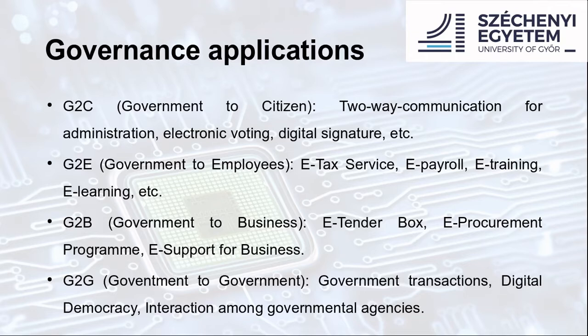G2B is used for e-tender box, e-procurement program, e-support for business, and so on. And finally, G2G is used for government transactions, digital democracy, interaction among governmental agencies, and others.